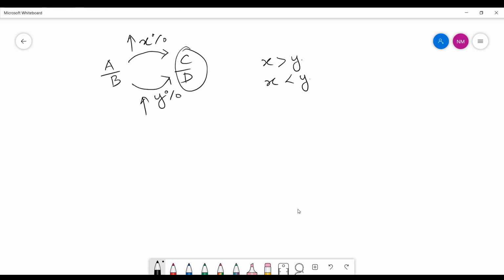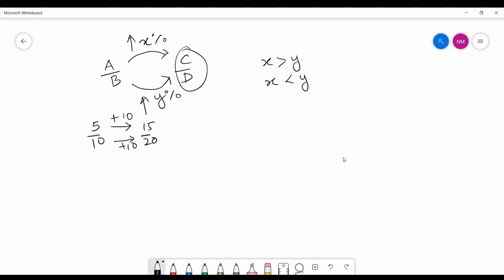So I hope you understand this concept. We'll also go through a few examples to discuss this. So let's take an easy example first. Let's say I have a ratio 5 upon 10 and I have a ratio 15 upon 20. Now the delta change is plus 10, plus 10. So as you can see, both the deltas are the same, but we cannot decide the ratios based on this absolute value, right?